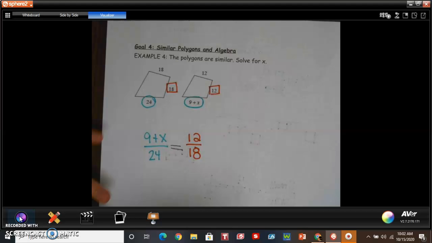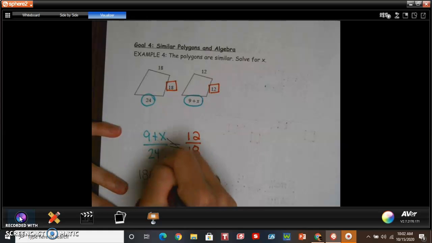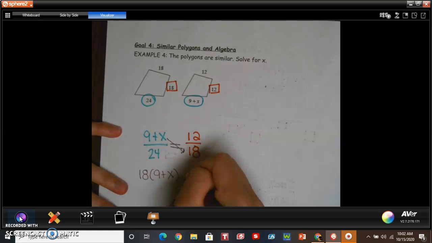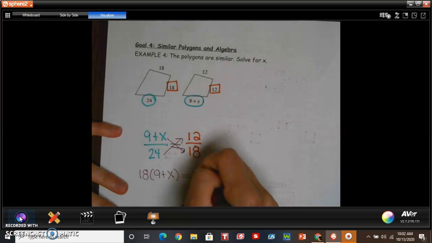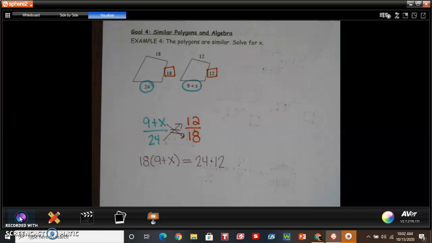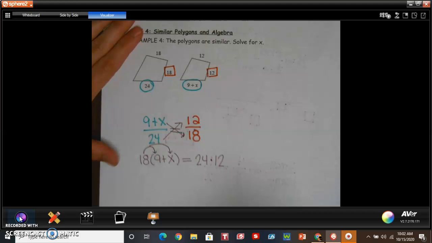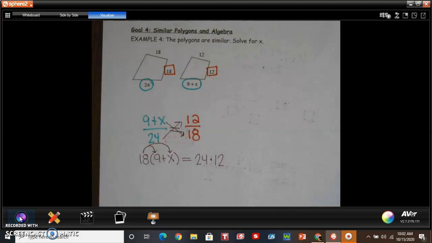So here we go with our cross multiplication. We're going to have 18 times 9 plus x equals 24 times 12. Remember, if we have a set of parentheses, we're going to be using distributive property. We're going to distribute that 18 to everything inside our parentheses. Please use your calculator to help you.